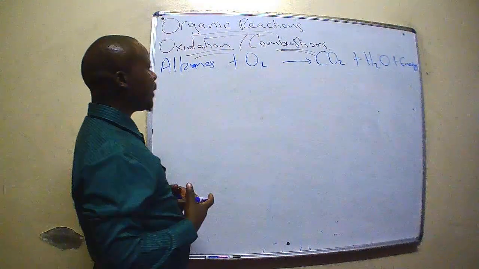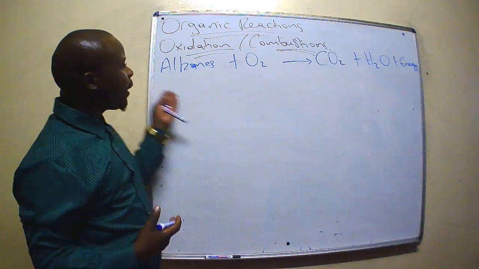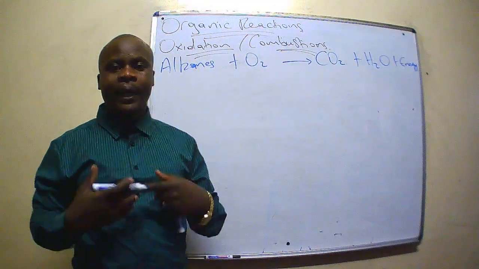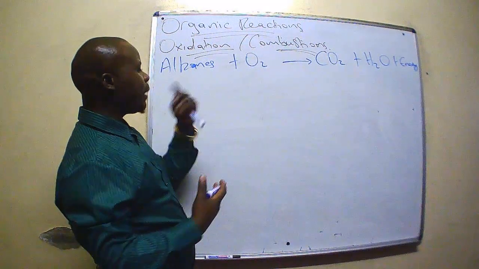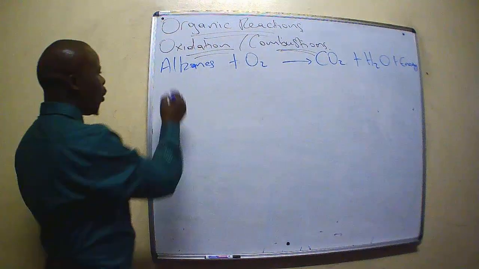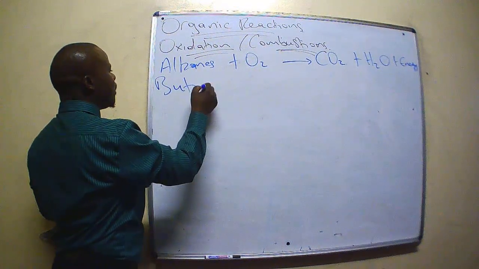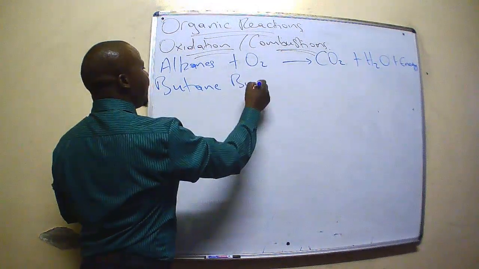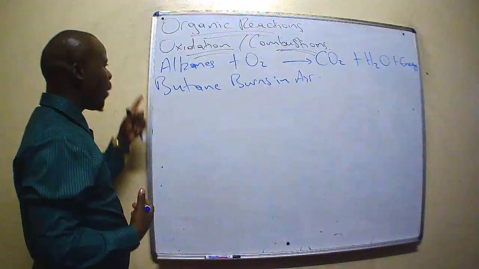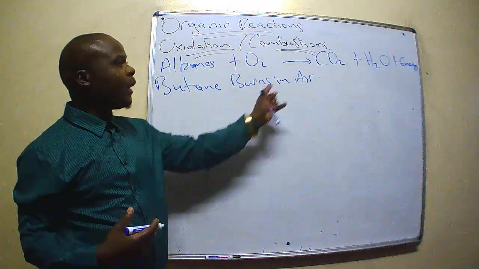So what we need to understand now is when alkanes burn in air, or when they burn in excess oxygen, what happens? So let us have an example here of butane. When butane burns in air, what are the products?